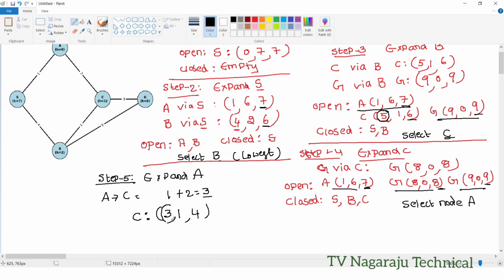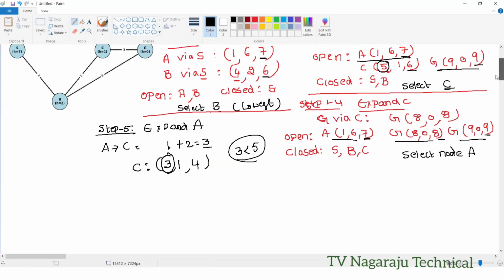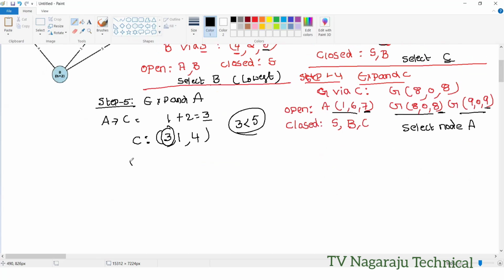Now the value of G is 3. So obviously 3 is less than 5. That is the A star algorithm. Now what does the A star algorithm do? Simply, the algorithm updates the C value and then reopens it.